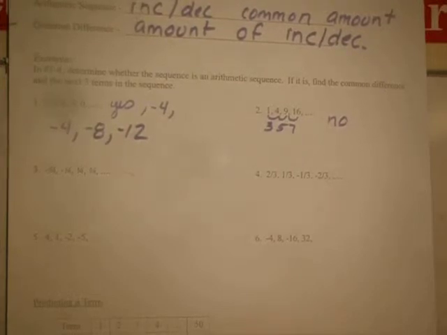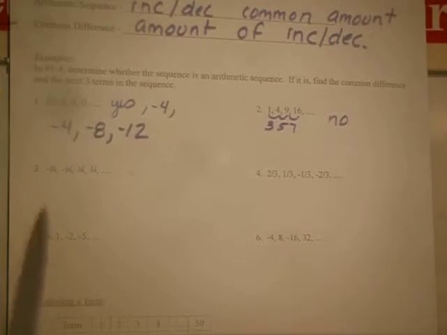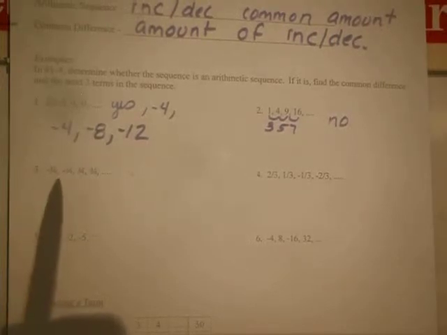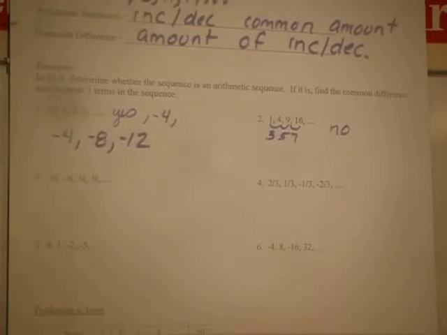Number 3, we've got some fractions: 3/4, negative 1/4, 1/4, 3/4. Since the denominators are all the same, if you just look at the top numbers, negative 3, negative 1, 1, 3, you are actually increasing by 2 each time.